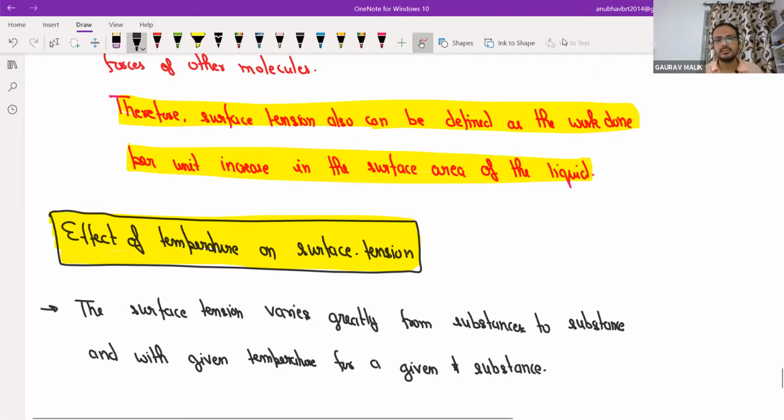For a given substance, what is the value of surface tension? Please tell me what is the value of surface tension for air, surface tension for water?